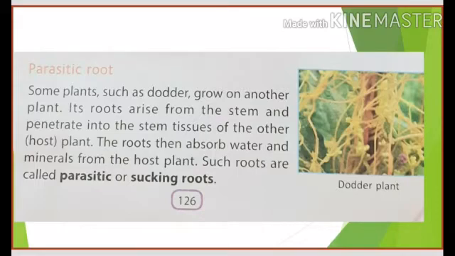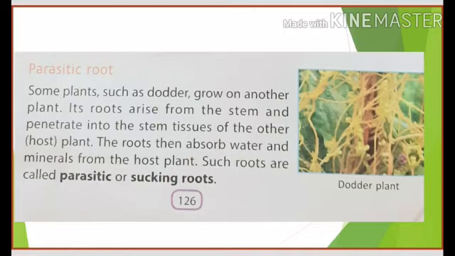Some plants such as dodder, popularly known as amar bel, because it never dies, grow on another plant. Its roots arise from the stem and penetrate, meaning insert themselves, inside the stem tissue of the other host plant.